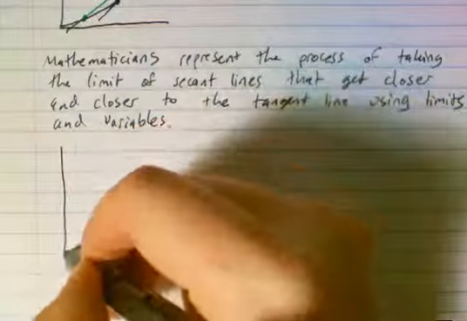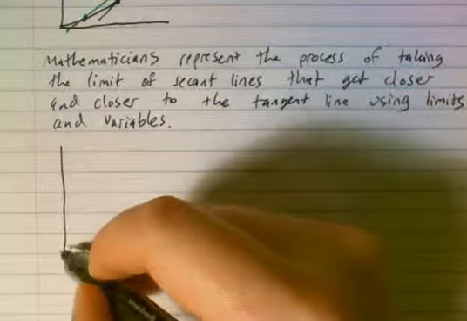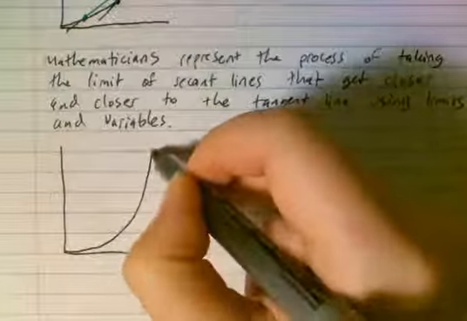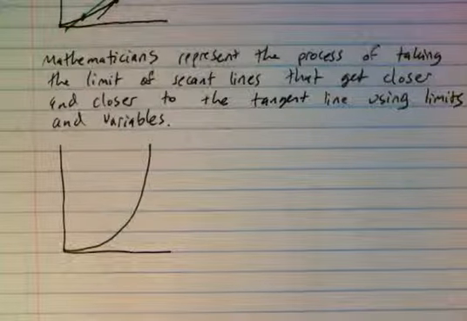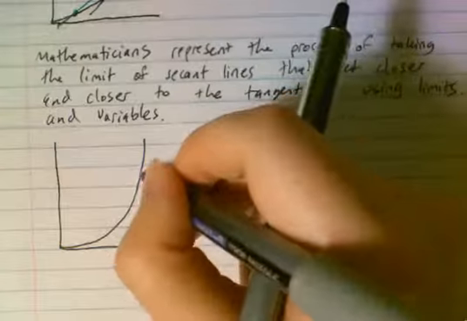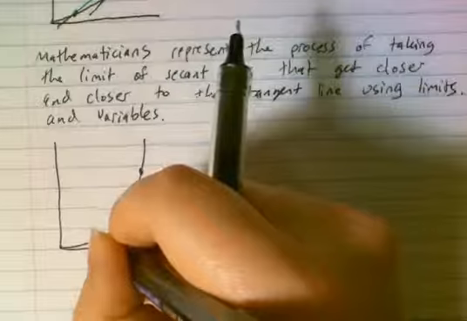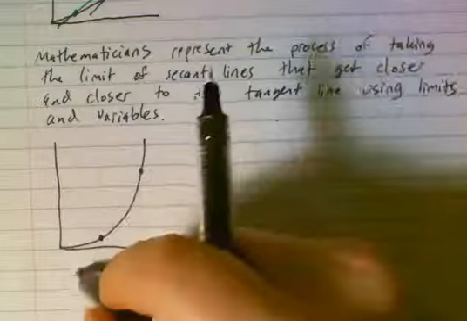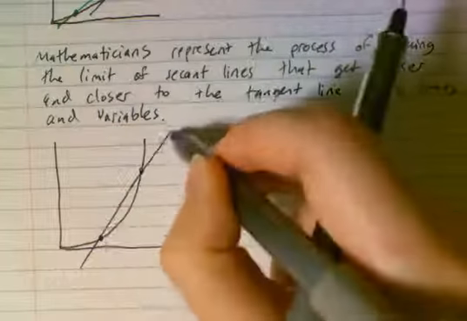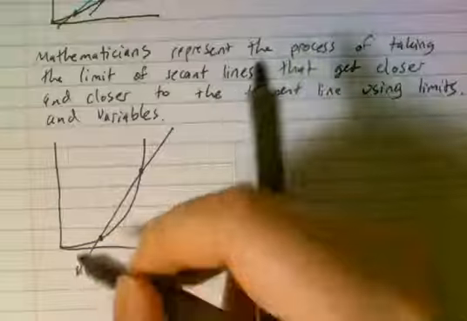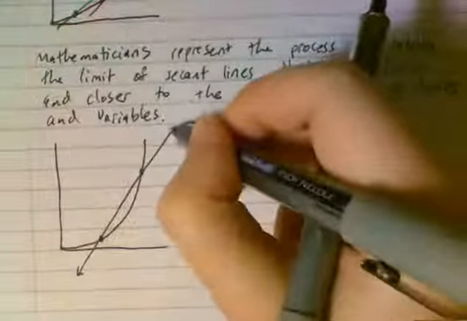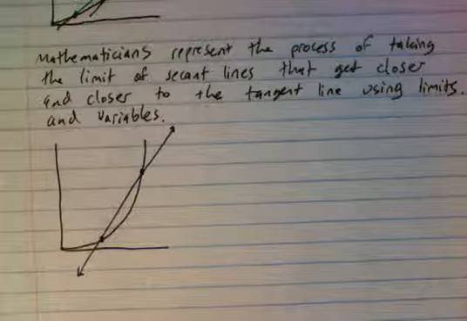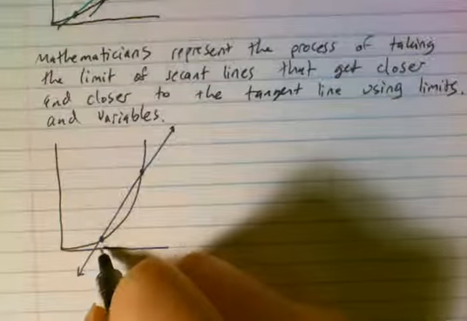So, if we zoom in on this picture that we had above, let's say we have our secant line right here. So what mathematicians did is they said, you know what?